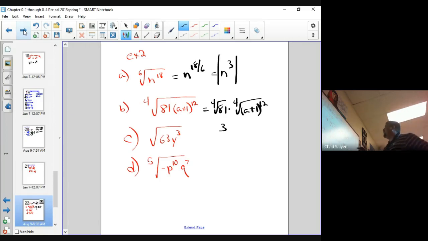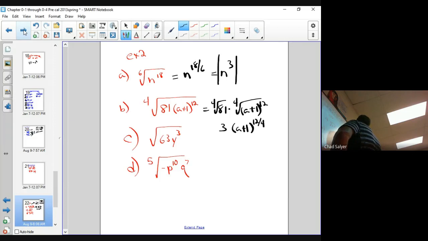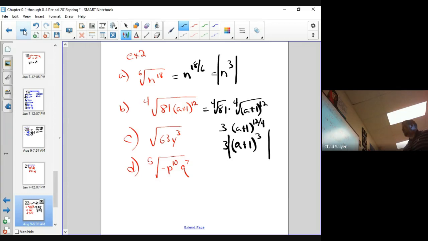You would use a calculator. You can put in 81 to the 1/4 power as a convenient way to find the fourth root of 81. It's going to tell you 3. So this is going to be a plus 1 to the 12 over 4. So that's 3 times a plus 1 to the third power. So even, odd, I need to put this whole mess again in absolute values.